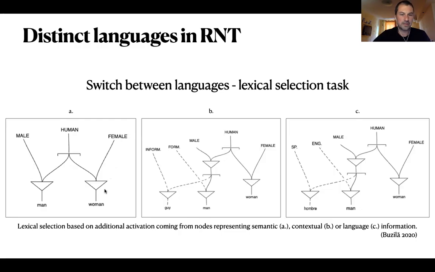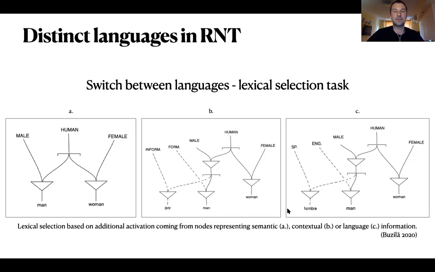The same kind of reasoning can be used to account for lexical selection based on other types of information. In figure B, we see guy and man, two lexemic nodes, which are connected to the same conceptual nodes, human and male. However, lexical selection will be successfully performed based on additional activation coming from nodes accounting for informal or formal setting.